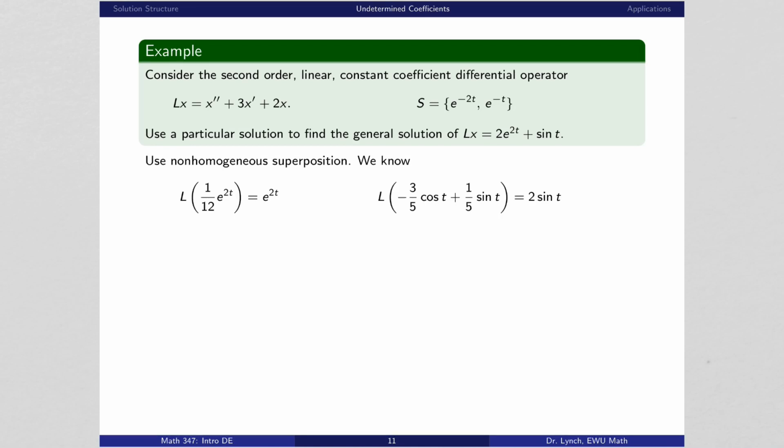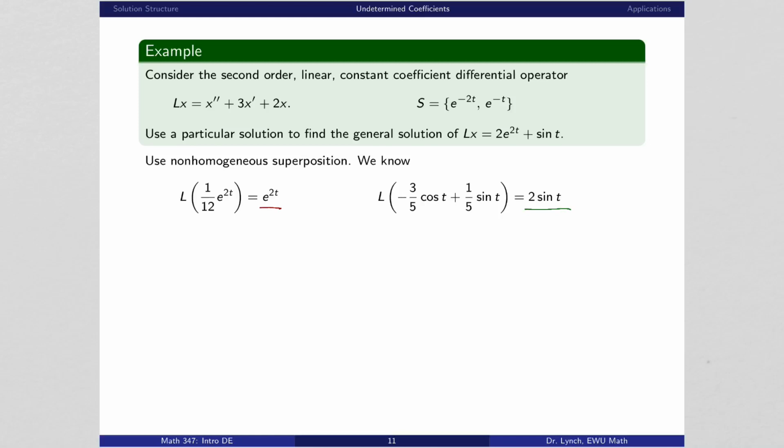Of course, we know the solution in the case where the right-hand side is just plain old e to the 2t, right? We know that plugging in 1/12 e to the 2t pops us out e to the 2t. We just found that. And similarly, we know that negative 3/5 cosine of t plus 1/5 sine of t pops us out 2 sine of t. These are things we just found in the last couple of examples.